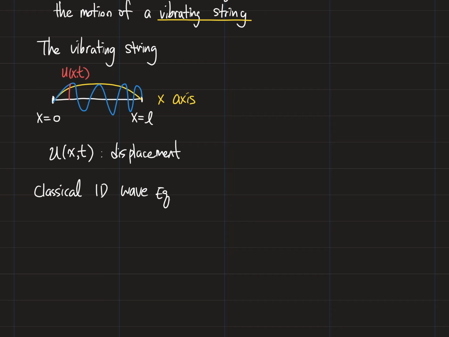Chapter 2 has a lot of exercise problems, and one of them shows you how to derive the classical one-dimensional wave equation. So if we just write down the final result.